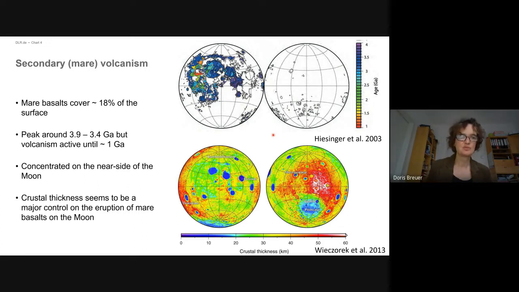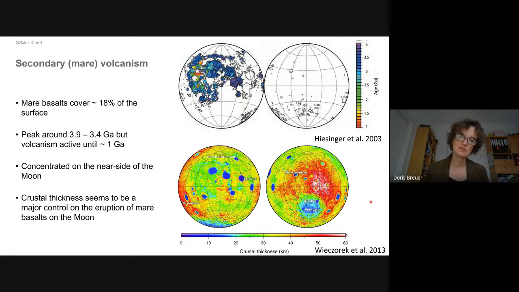It seems that the volcanism is controlled by the crustal thickness. That means where we have a thin crust, as you can see here in the maps of the crustal thickness, volcanic activity is easier than on the far side, where you have a thick crust.